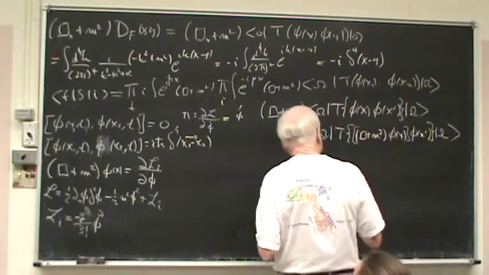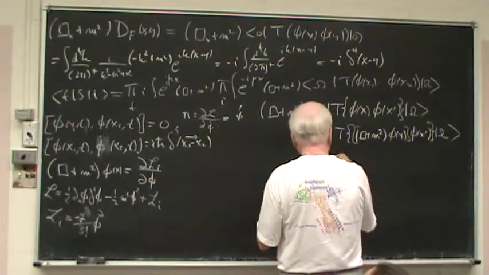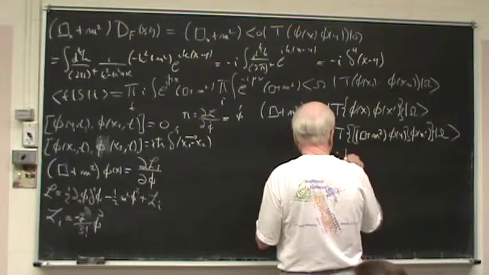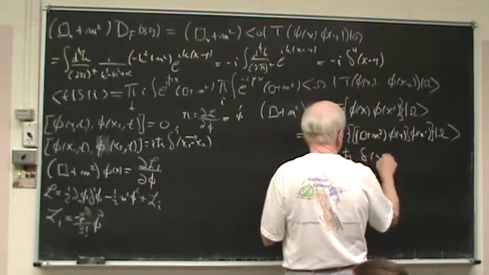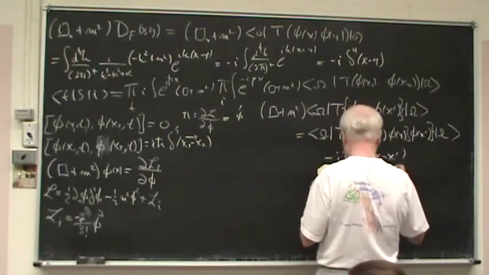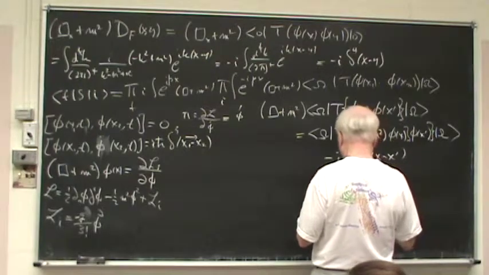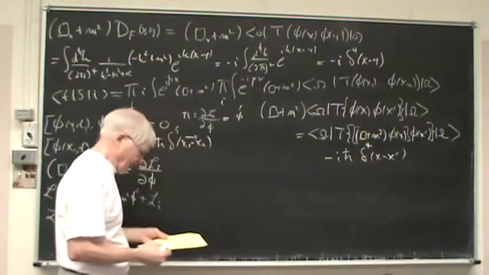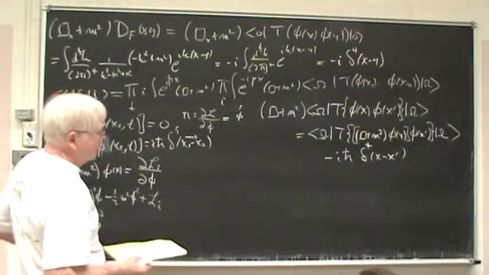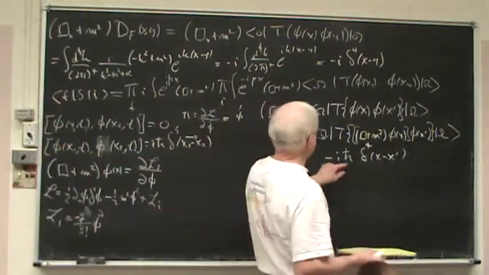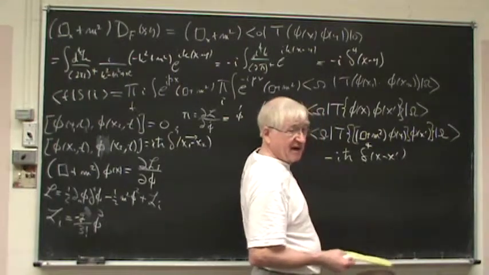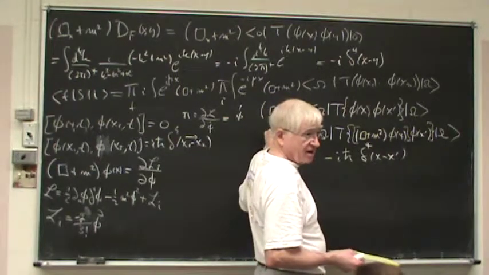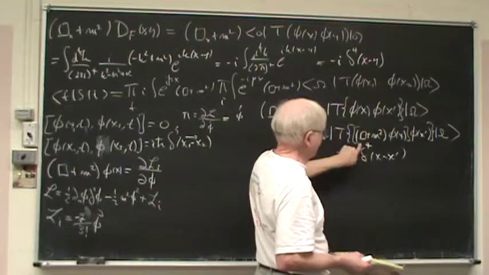So there's that, and then there's an extra term. The extra term is minus i h bar delta of x minus x prime, and in fact, that's delta 4 of x minus x prime. So that's what I want to show now. And this is the contact term. This is what happens when you bring a differential operator through a time-ordered product.